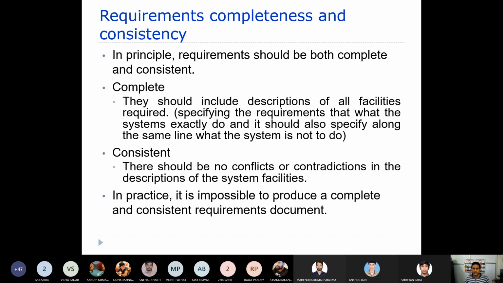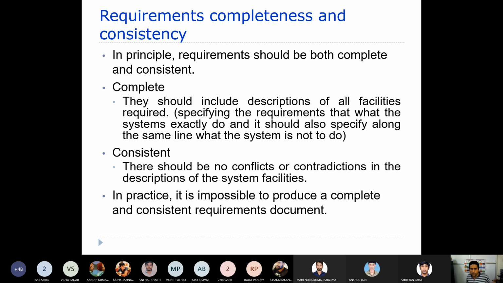So we were at this point. The requirement should be very complete. That means the facilities or services expected from the system should be specified, and no requirement should be left out. And it should be consistent: there should be no conflicts or contradictions in the description of the system facilities.